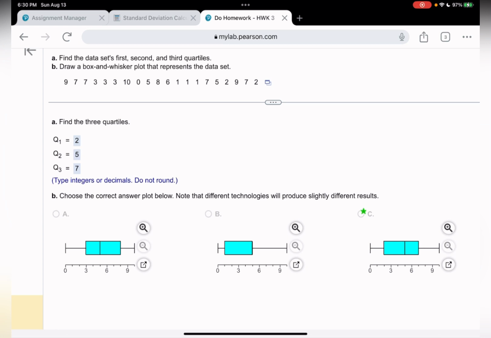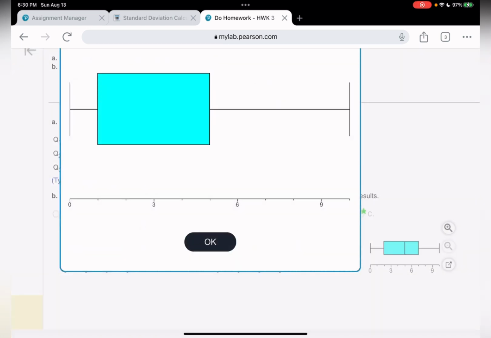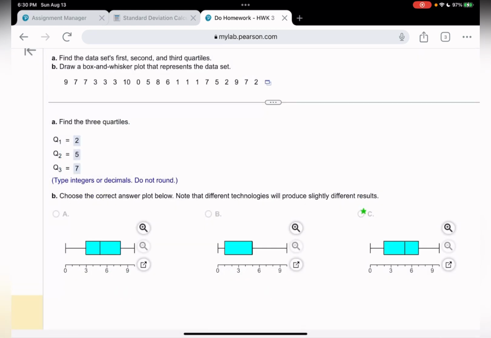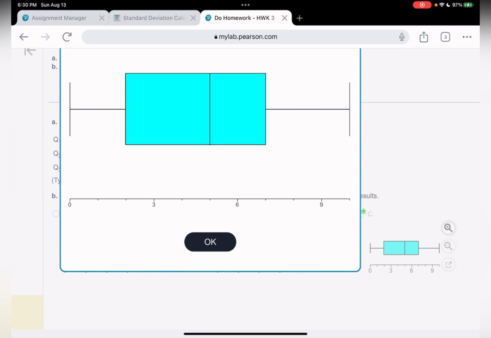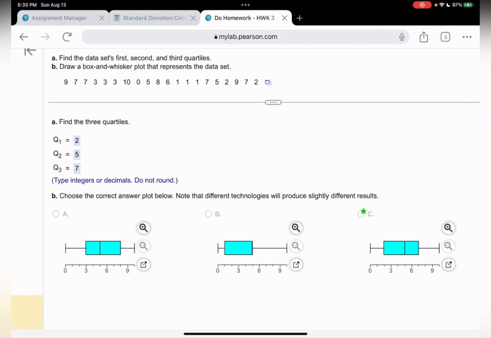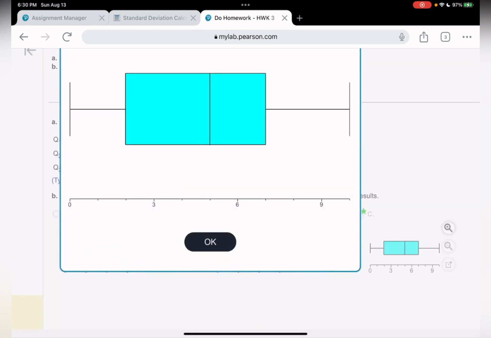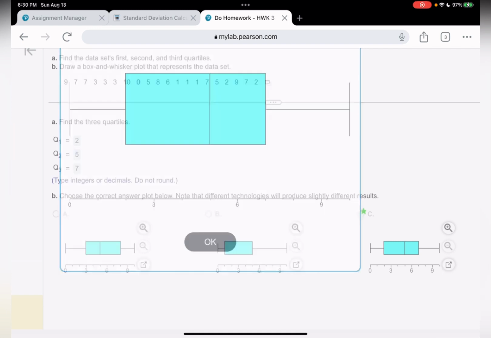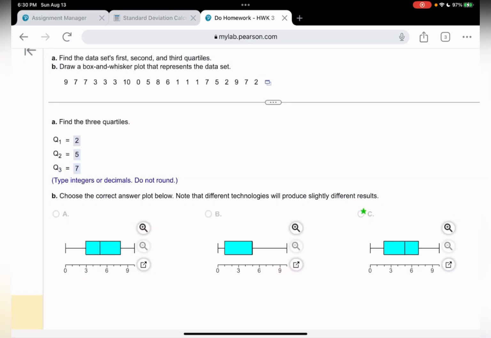Looking at B, Q1 is 1. And then C, where Q1 is 2, which matches so far. Next, Q2, the median, has to be 5. Let's check. Indeed, it's 5. And Q3 is 7, which is the case. It's C. All right.